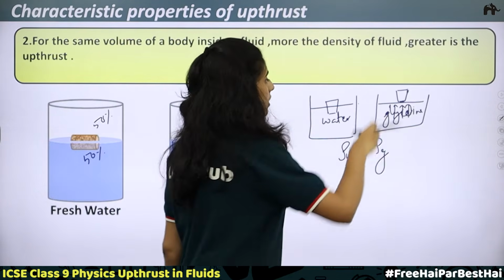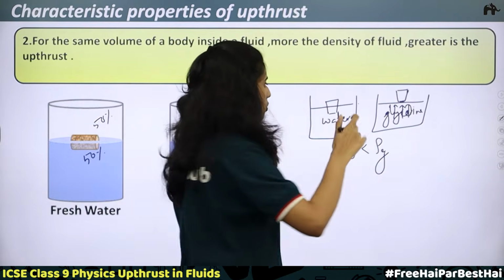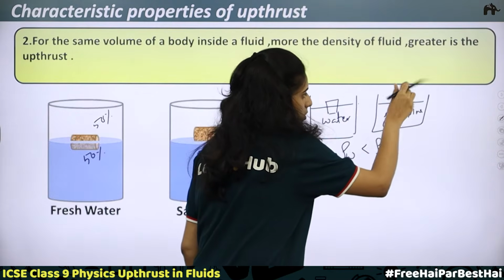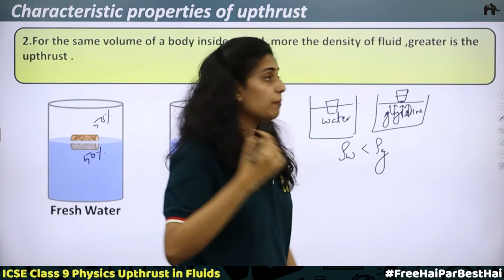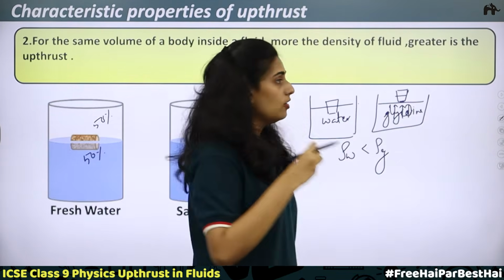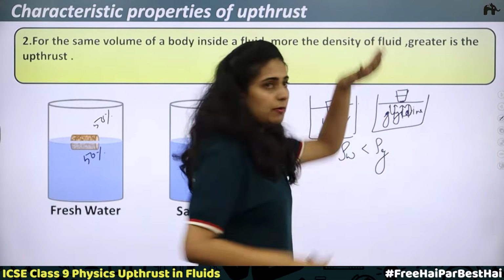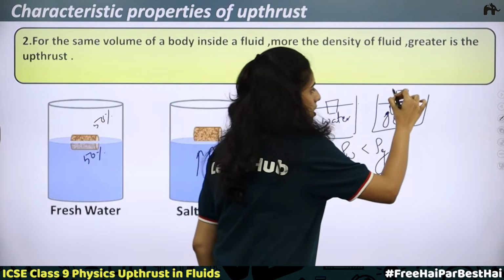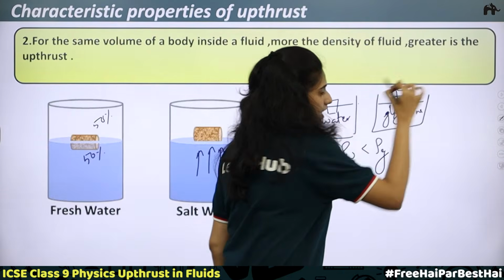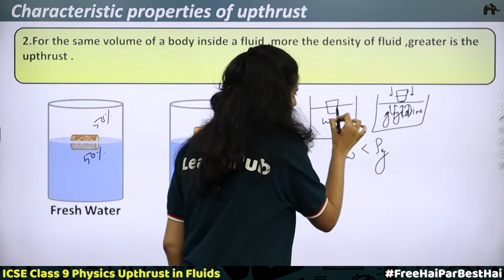Now in order to balance it, if you want to bring 50% of this cork B inside the fluid, what should be done? You should apply an external force. Only when a force is applied, that is, I am going to push it down. Then what happens? Because of the force that I am exerting, the body can submerge in this way.